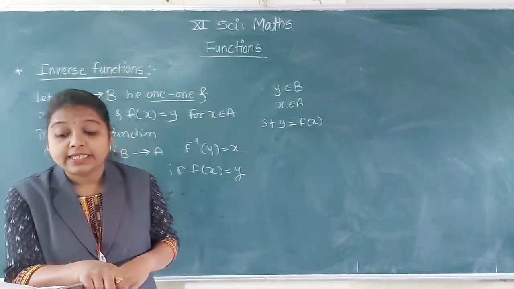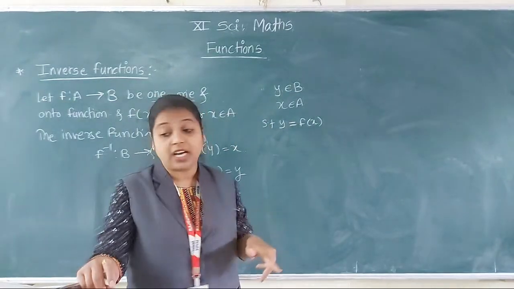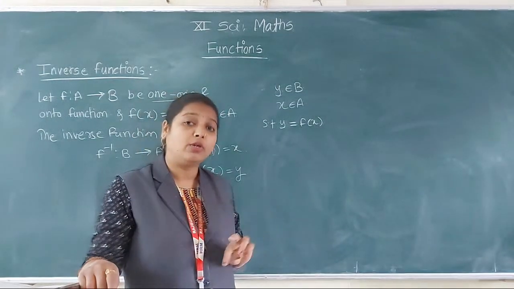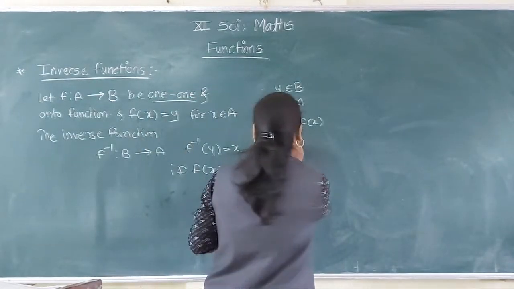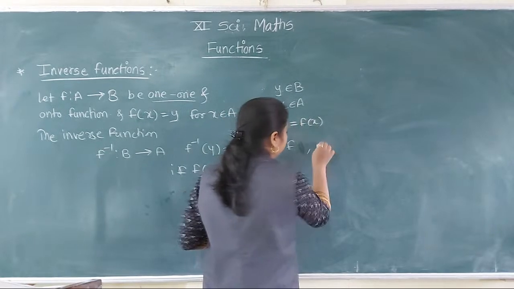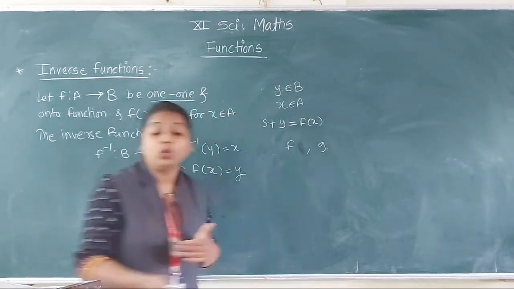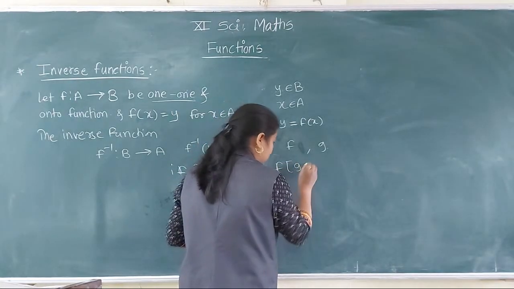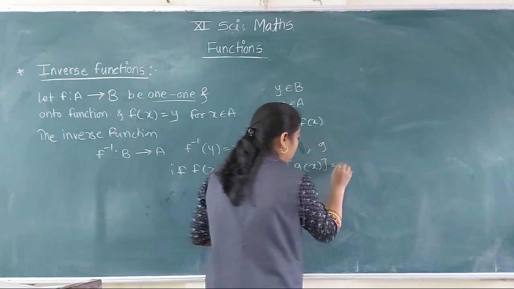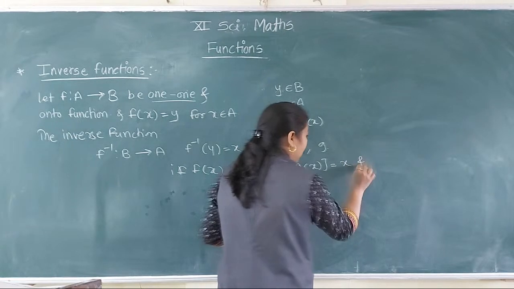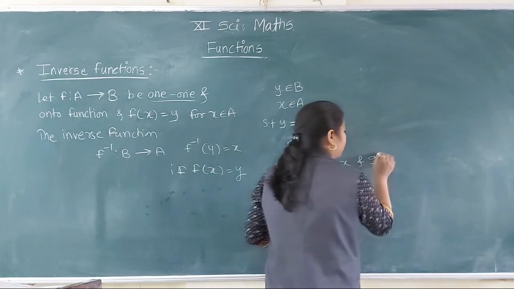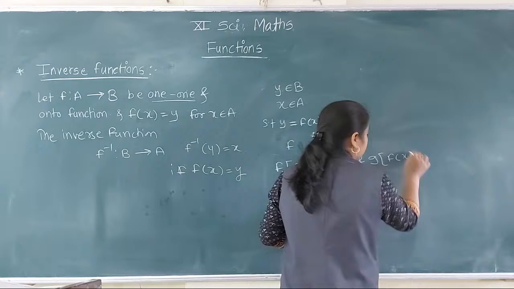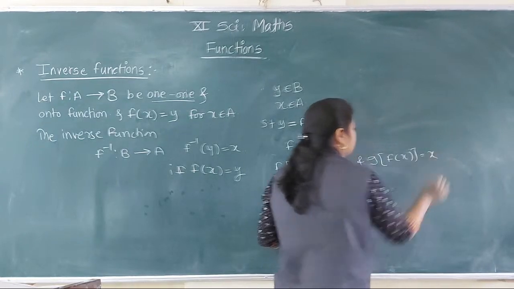Okay, next f and g are 1 1 and onto. f आणि g हे वेगळे फंक्शन्स आहेत. f आणि g हे दोन्ही 1 1 आणि onto आहेत, such that f of g of x is equal to x and g of f of x is equal to x.